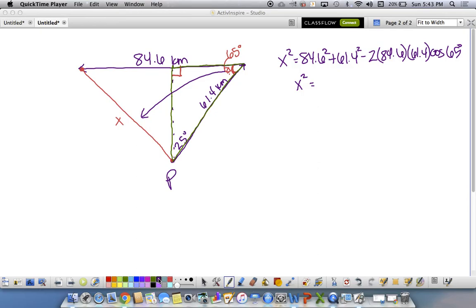And I get 6536.5895, etc. Take the square root. X is approximately 80.849 kilometers. That is my x. It's right here. 80.8 kilometers.